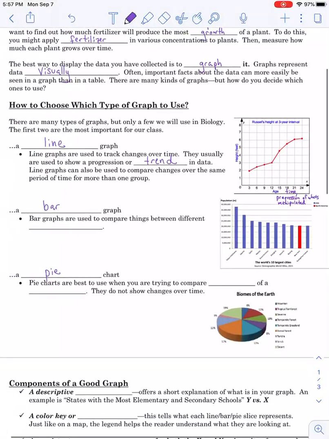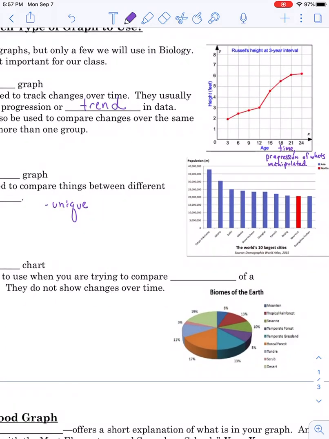Now, moving on, a bar graph is used to compare things between different groups. And usually those groups are unique and don't have any role with each other or influence on each other.